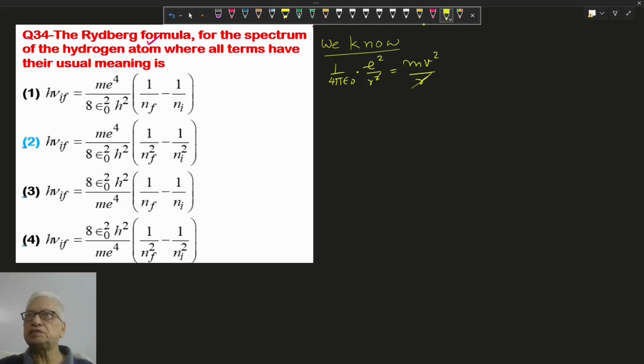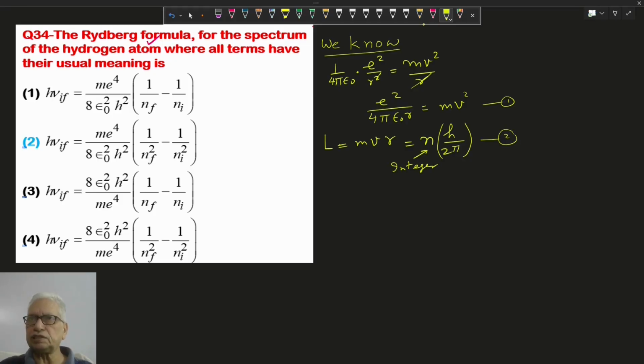So here this equation 1: e square upon 4 pi epsilon naught r equals m v square. And the second postulate, angular momentum m v r equals n h upon 2 pi, where n is the integer. Now from the second equation, you can write r equals n h upon 2 pi m v, equation 3. Now we are putting the value of r in equation 1.